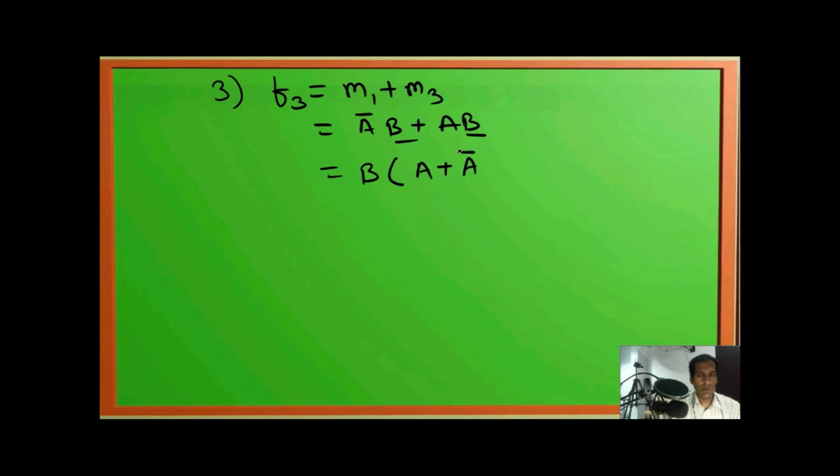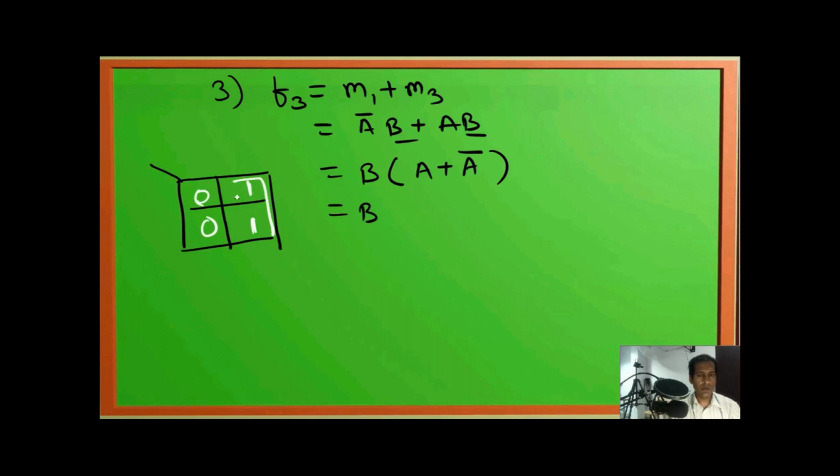Here we get A plus A bar, the remaining will be B. Similarly we can have various combinations, and for this if we draw the 4 squares, we can mark ones. Here it is 1 and this is 3. Remaining 2 will be 0.